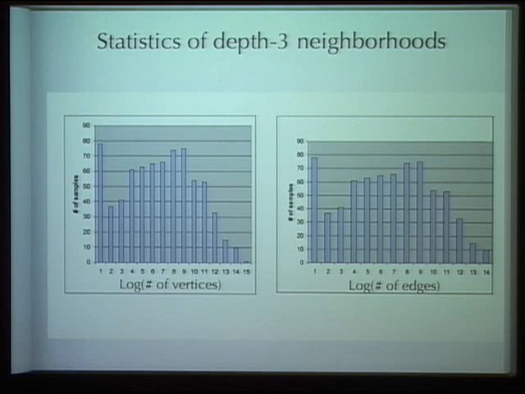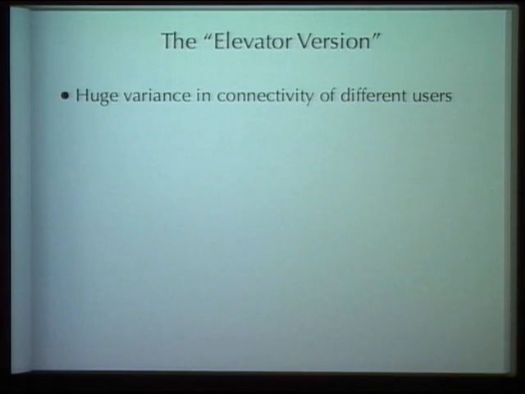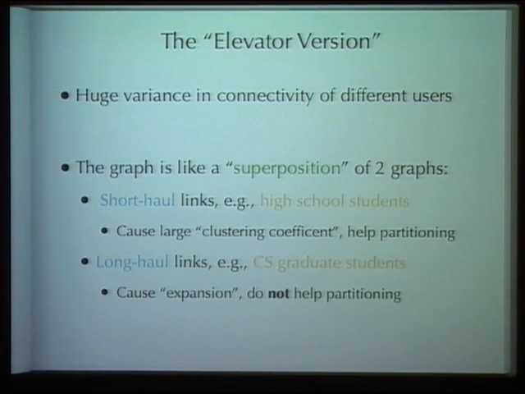And if you met someone important in the elevator at Microsoft and you wanted to tell them what the graph looks like, I think the story is basically that there is huge variance in connectivity of different users. You can think of the graph as a superposition of 2 graphs. You have communities like high schools that are pretty densely connected.